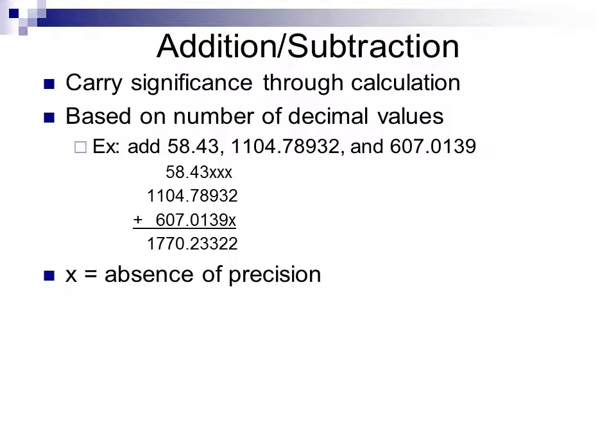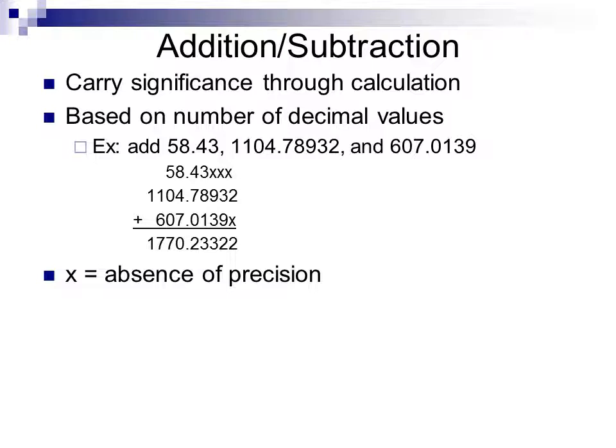The x represents the absence of precision in the values containing the x. What that means is we do not know for certainty that those x values are actually 0. They could be 1, they could be 3. There is no way of knowing, based on our level of uncertainty and the level of precision in the measurement, what the value of x is.